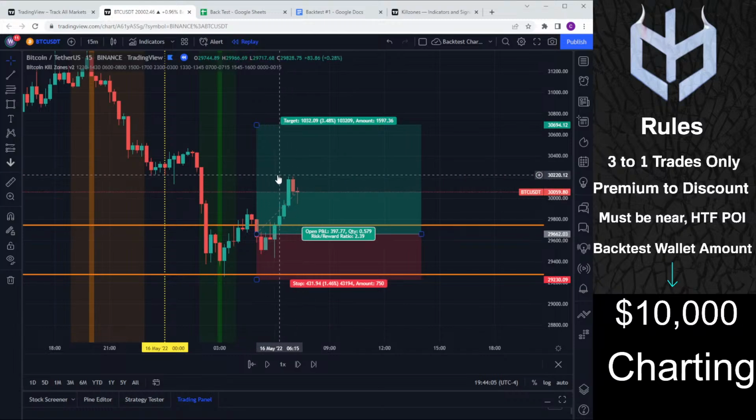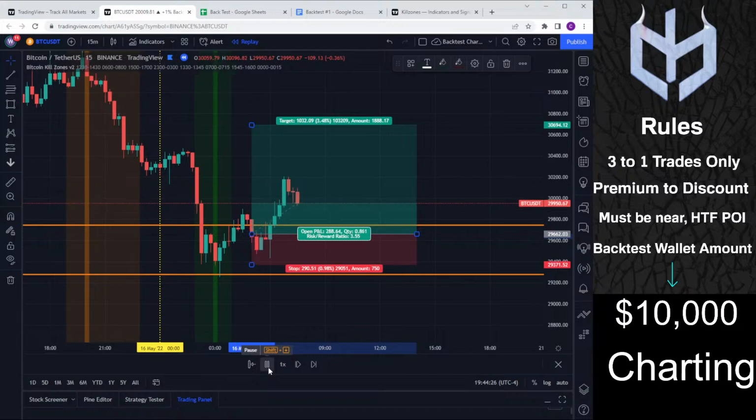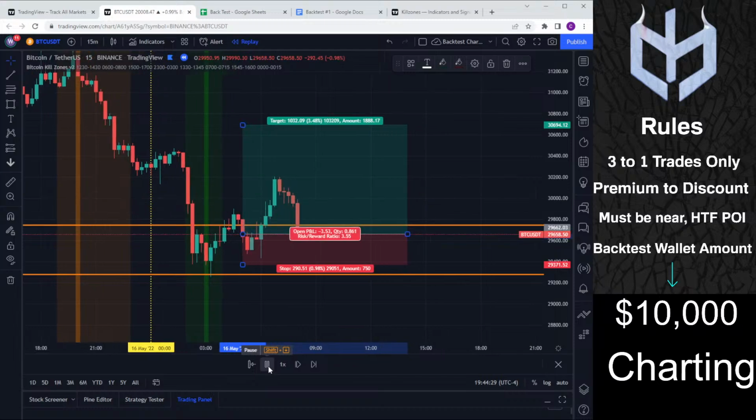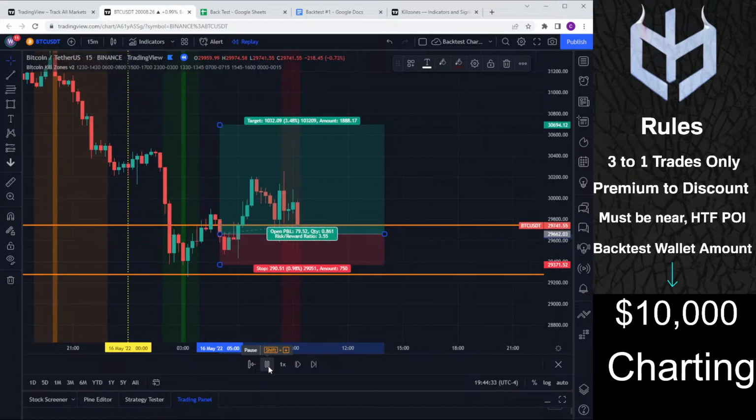So I think we just hit the original. So we take our 25% out. Just a stop loss up a little bit here. Yeah, I'll adjust it right there. So now our stop's adjusted. Trades back into us violently.